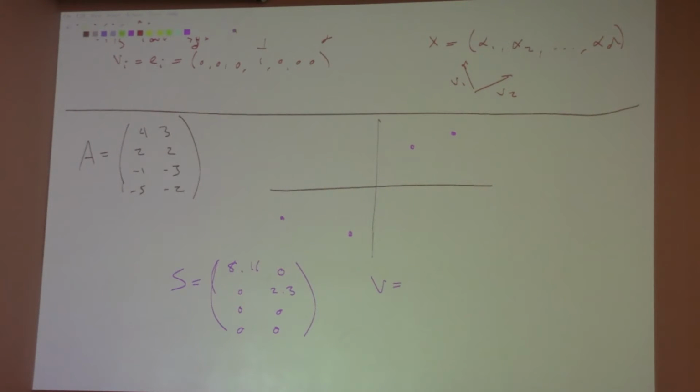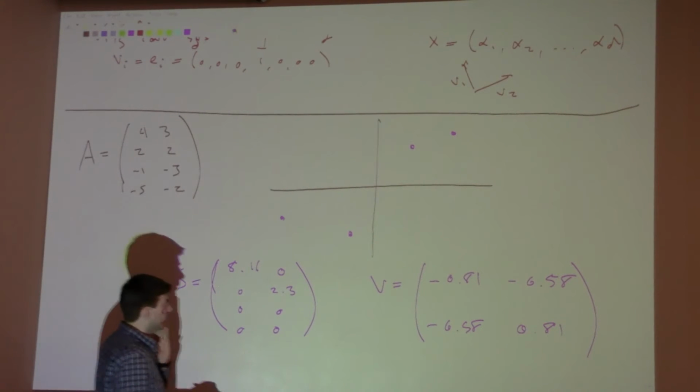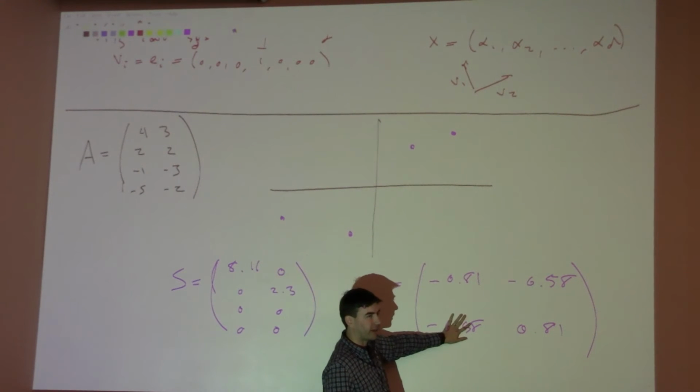The V matrix is going to be minus 0.8 roughly, minus 0.58, minus 0.58, and 0.81. Okay, so each of the columns here, this is the first right singular vector.